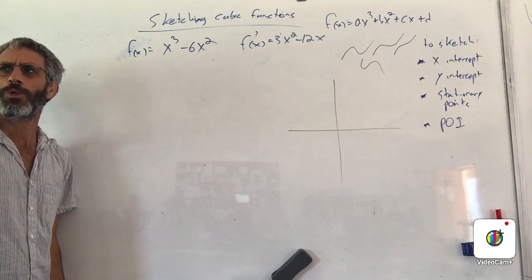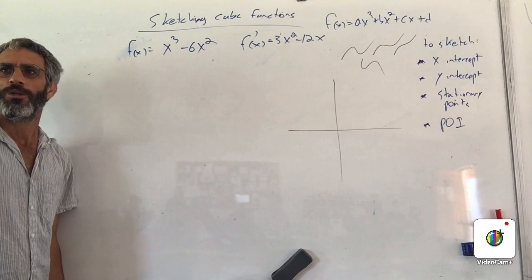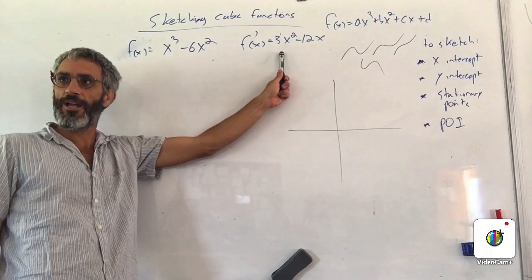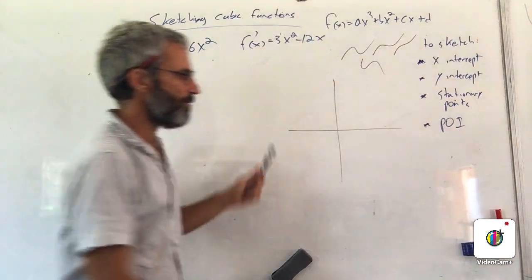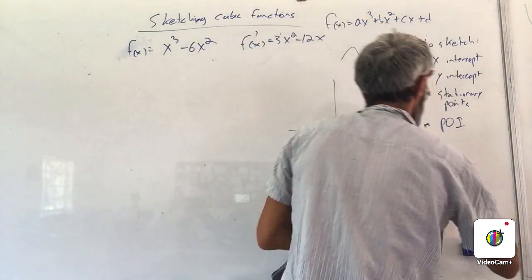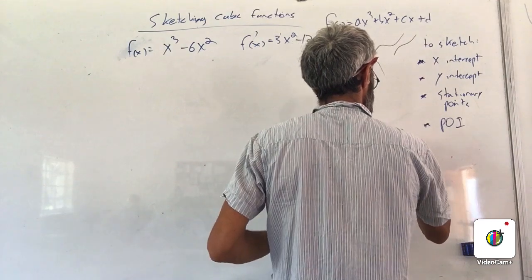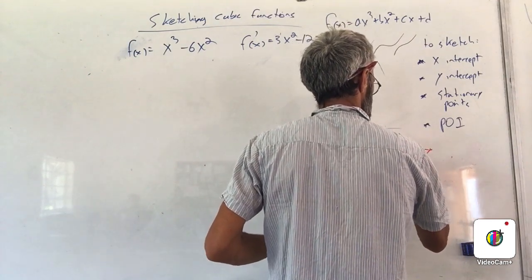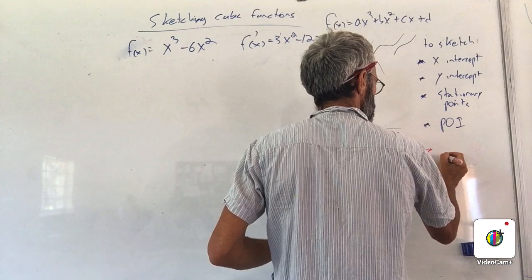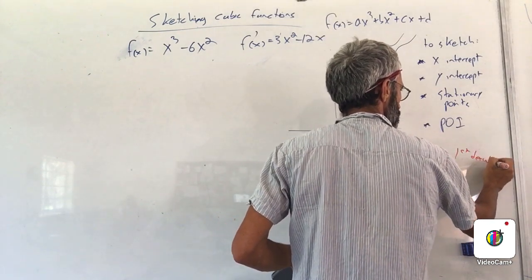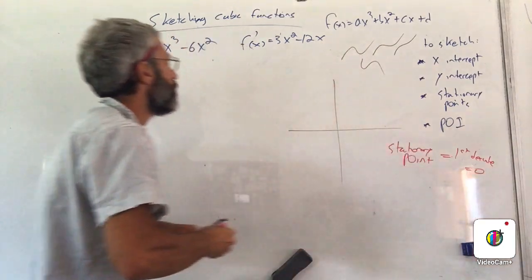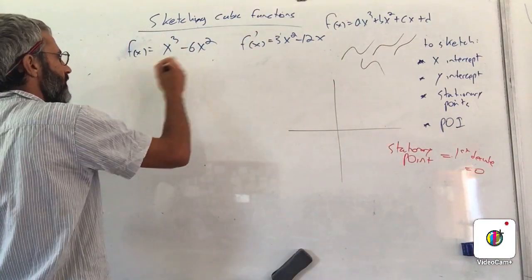No. You make it equal to 0, because for a stationary point, remember, the first derivative is 0. Maybe I'll write it down in red. Stationary point: first derivative equals 0.